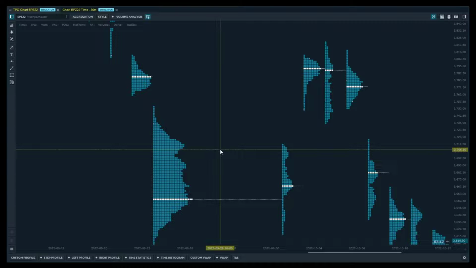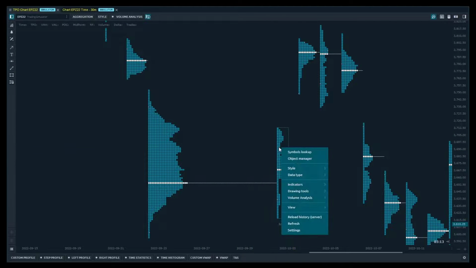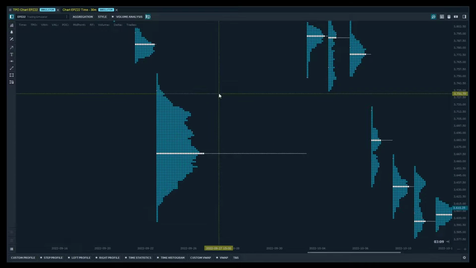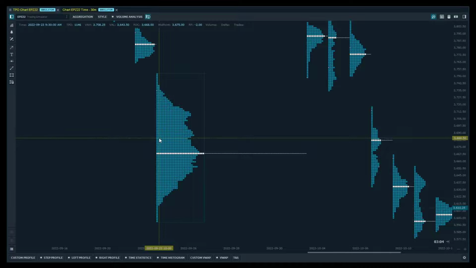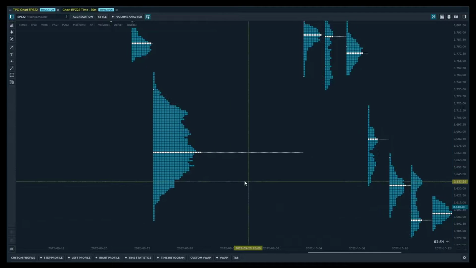Remember, it's never advisable to trade within a vacuum, and understanding what's happening in the previous weeks is very important. As you can see, I just collapsed from August 23rd to October 3rd. And as you can see, this is a D-shaped balance profile.